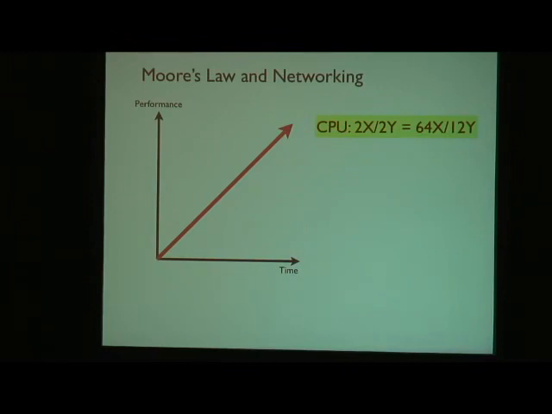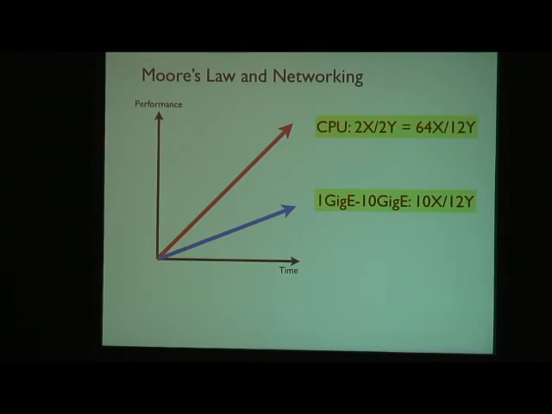Every other year, there's twice as many transistors on these magic chips that drive everything from CPUs to networks. Now, there's an unfortunate thing that happened on the way here, which is networks themselves didn't really increase at the same rate.